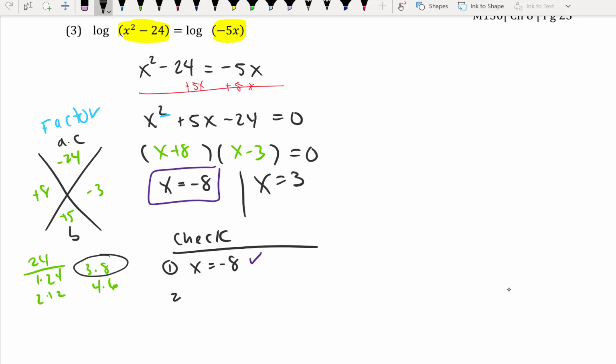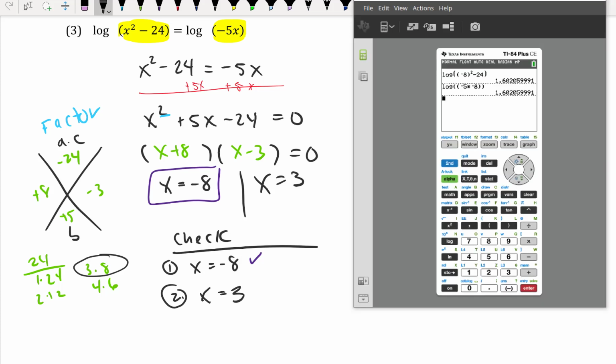So now let's also check x is equal to a positive 3. Does that also work? Well, if I have my log, and here we're going to have 3 squared minus 24, I get a negative answer.